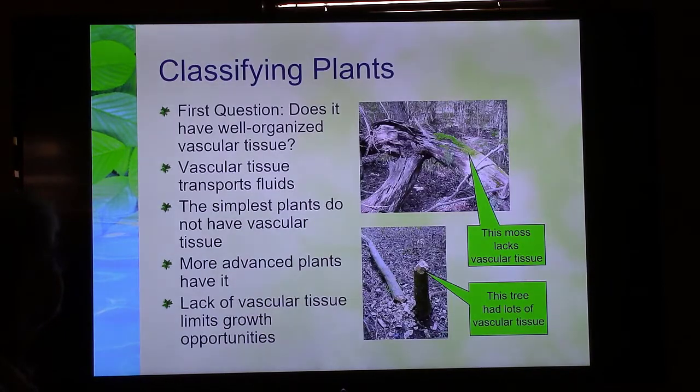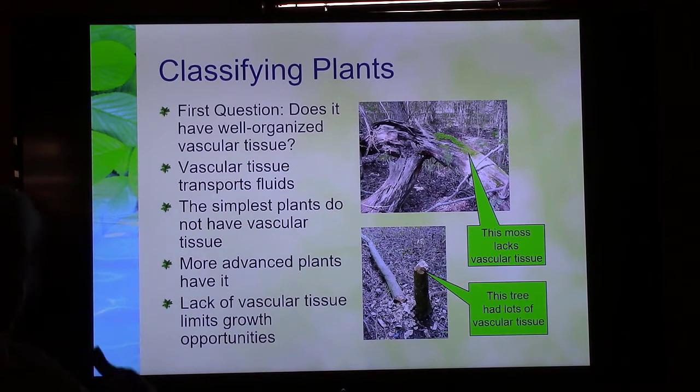it's a cultivated area and it's a monoculture because somebody is in charge of it. When we try to classify plants, there's a few simple questions that we start with. The first question that we ask: does it have well-organized vascular tissue? Now, vascular tissue is tissue that carries fluids through a body. Your vascular tissue is your arteries and your veins.